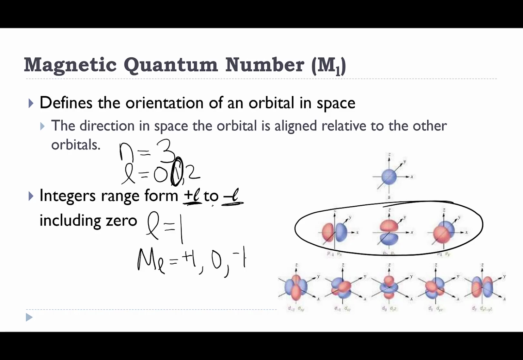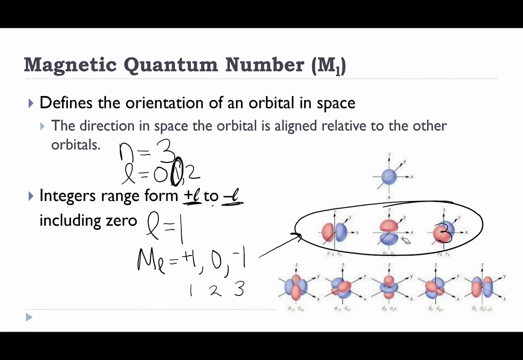Those are the possible values that it could be. How many different ways did I say you could orient a p orbital in space? 3 different ways. 1, 2, 3. And how many options are there for the magnetic quantum number? 1, 2, 3. Not a coincidence. That absolutely is the connection between these two.